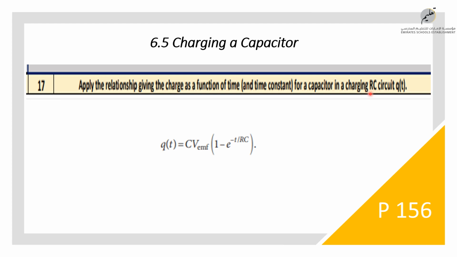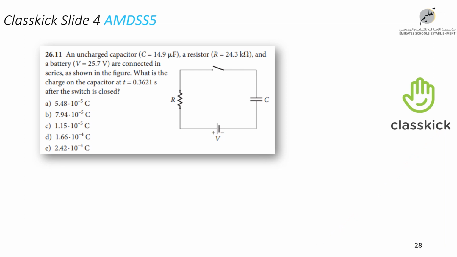In the case of an RC circuit, that's the charging equation, where Q, the charge, is equal to C, the capacitance, multiplied by the voltage, all multiplied by 1 minus exponential of minus t over RC. You can find this equation on page 156. Also, I'll give you the chance to solve this question where we apply the previous equation. This is on slide 4 on Classkick.